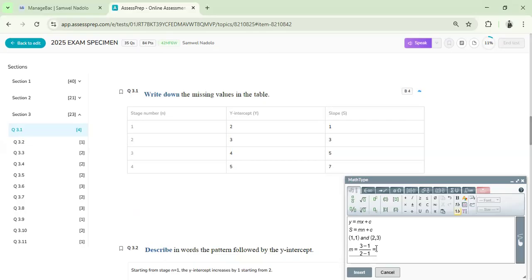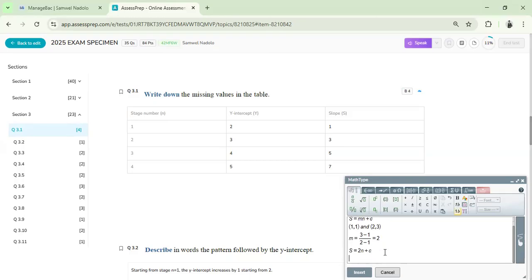So 3 minus 1 is 2, divided by 2 minus 1 is 1. 2 divided by 1 is just 2. You will come and write your relation. S is equal to m, which is 2, n, then plus c.